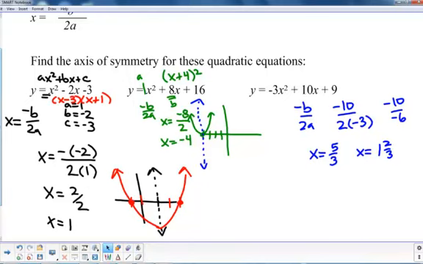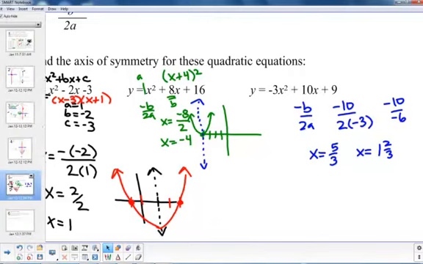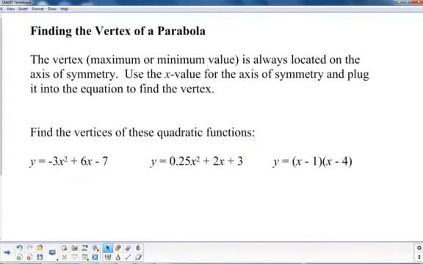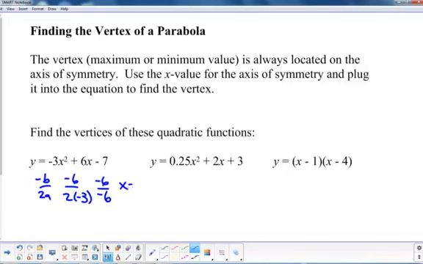But since we're only asked for line of symmetry, we will move on to our last section, where now we need to find the actual vertex. So you find the line of symmetry, negative b over 2a. And then you plug the x value in to all of your x's.